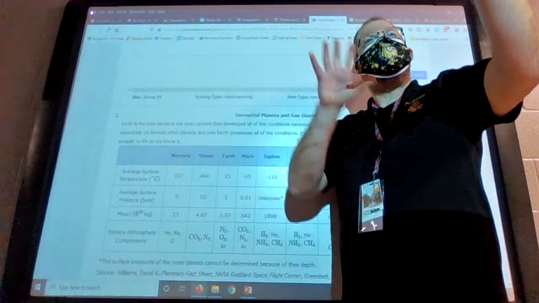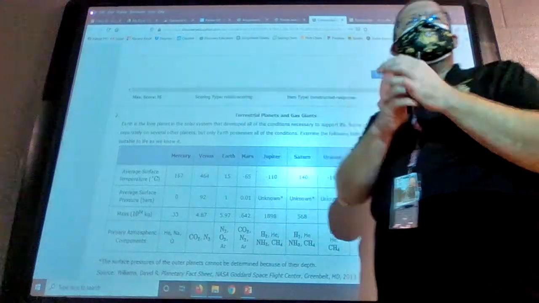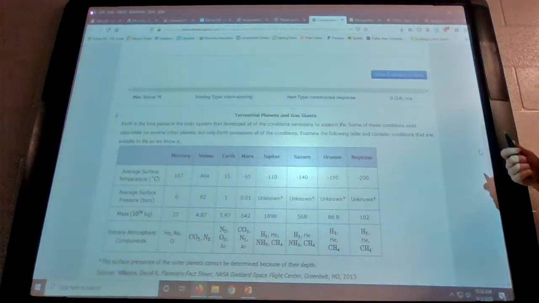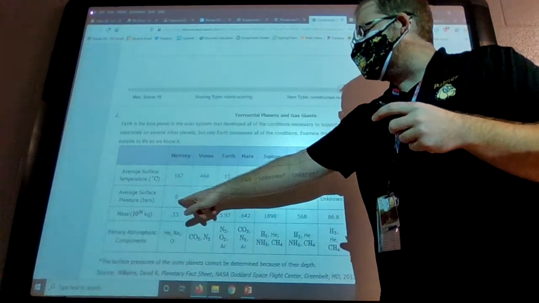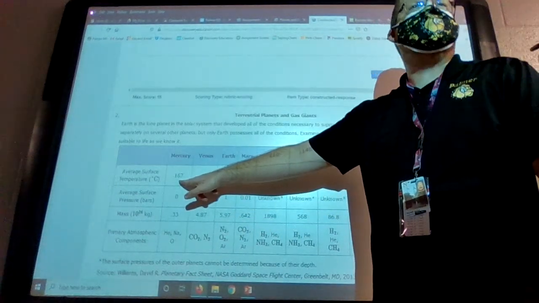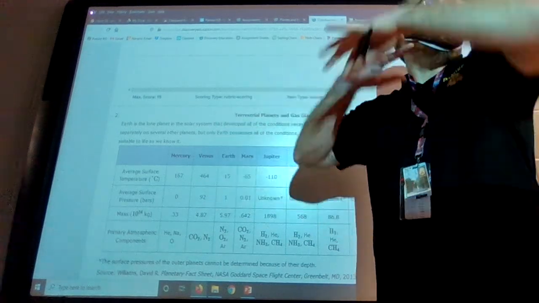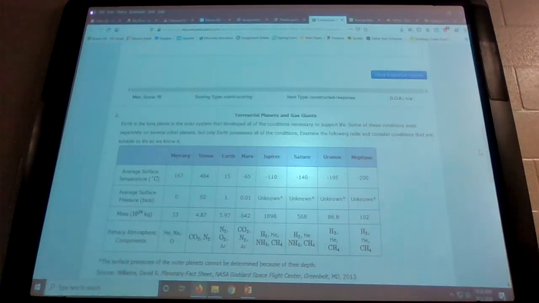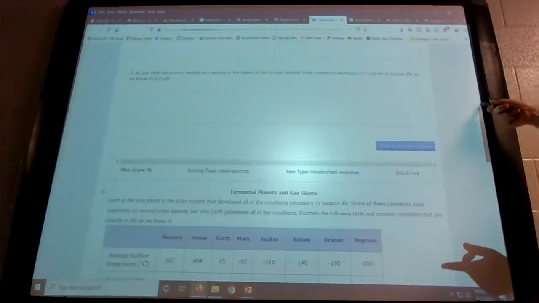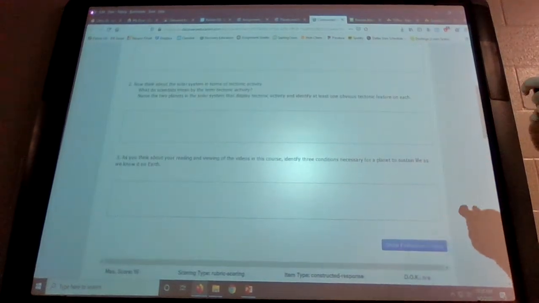Half the planet's really hot, half the planet's really cold, and it just stays that way as it turns around. Whichever side is away from the sun is really cold. Venus has a relatively higher average temperature. Venus is hot all the way around because that atmosphere holds the heat in. But the tectonic planets are going to be Venus and Earth.